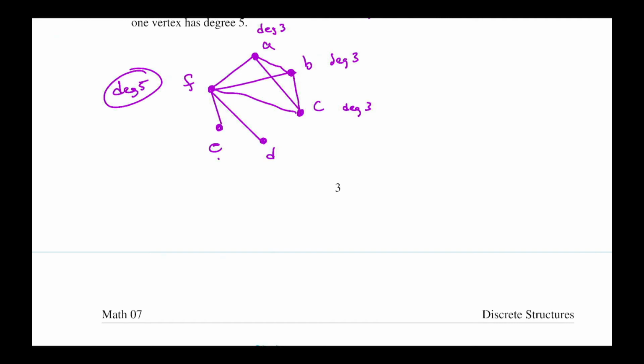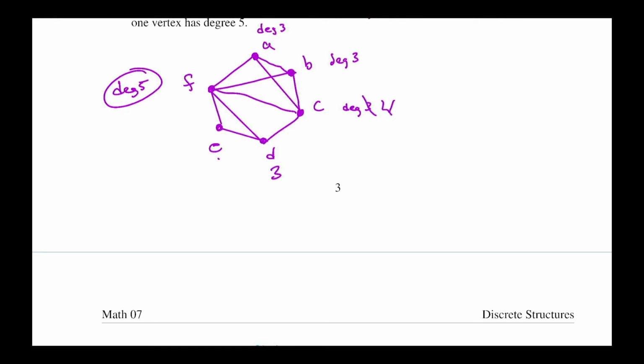We've got D. D has 1 edge, so it needs 2 more. So I can draw 1 more there. But actually now D needs another edge. So what are we going to do about it? Well, I can't do this, right? Because if I do that, now D has 3, but then I've messed up C and given it 4.